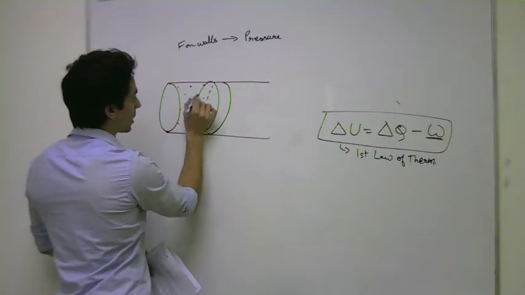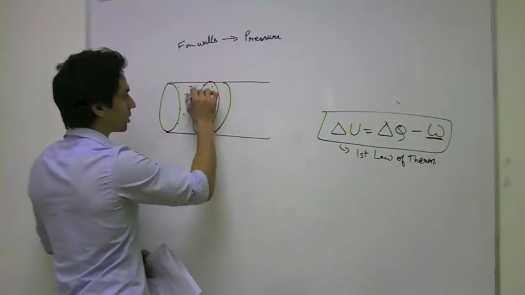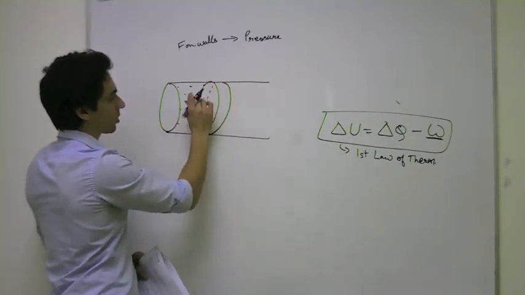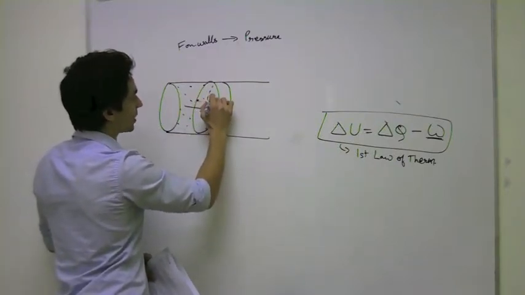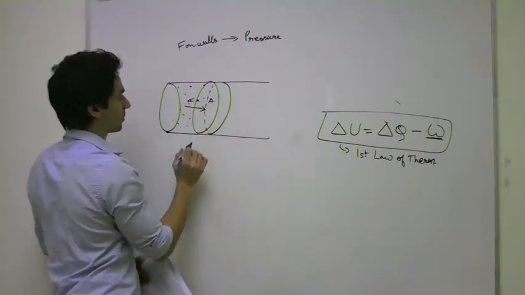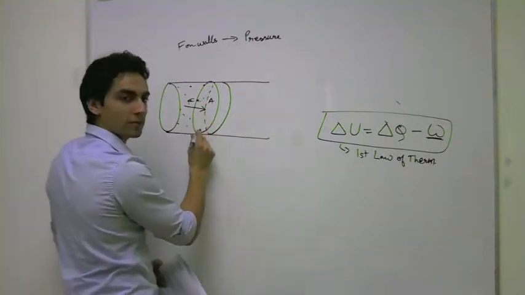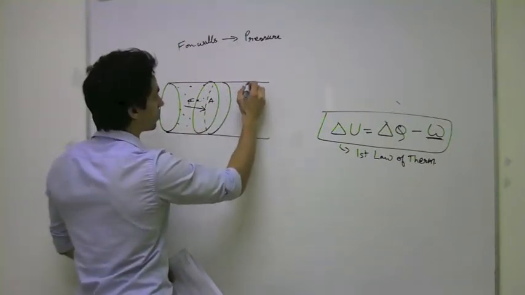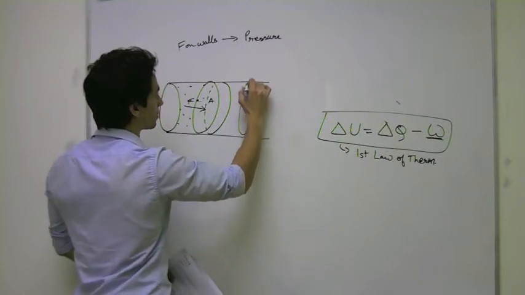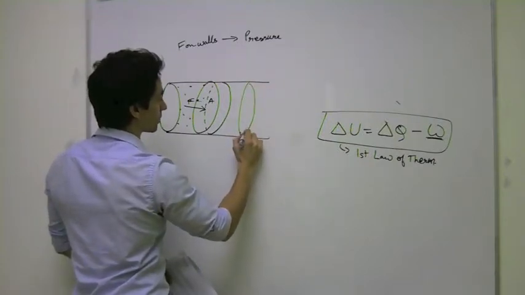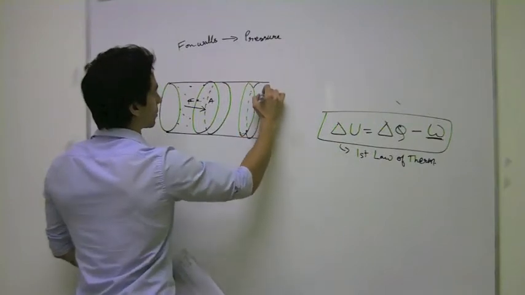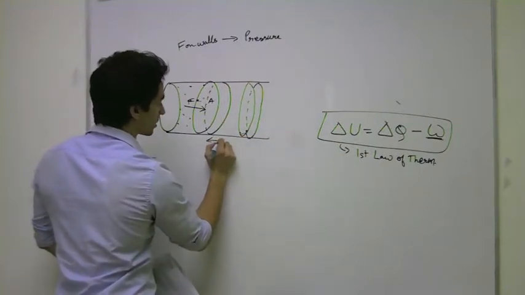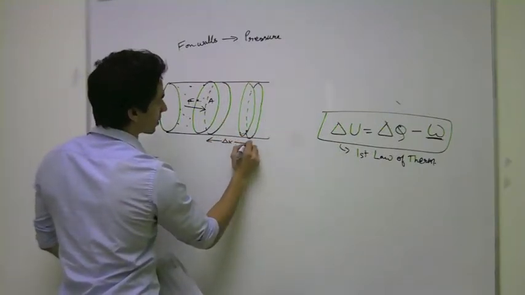Let's assume that the summation of the force of all the molecules hitting this piston of area A is F. Because of that force, this free moving piston moves to a point here, let's say delta x away.